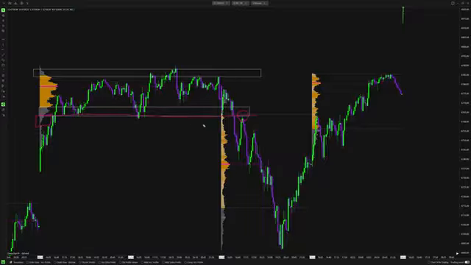Because the same sellers that allowed this to happen are considering these prices premium. So they will still consider them as premium prices compared to the volume, not compared to some Fibonacci, not compared to anything else but money. And we drop down for the rest of the session.